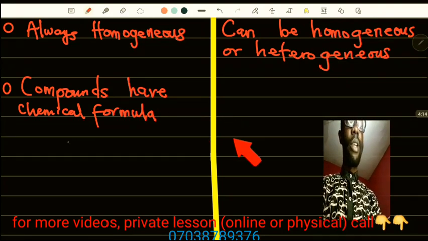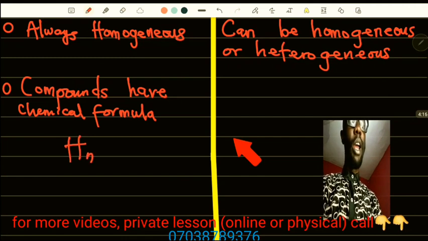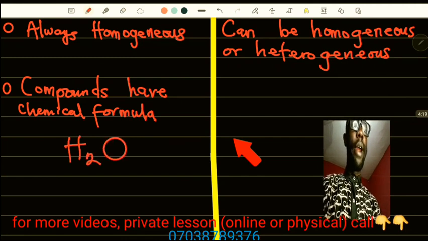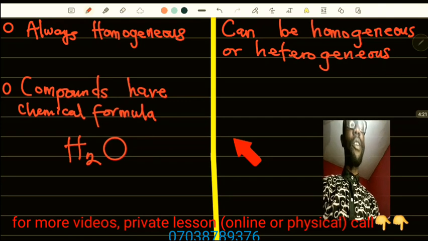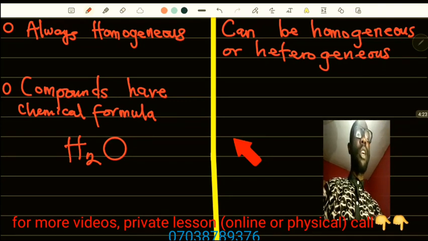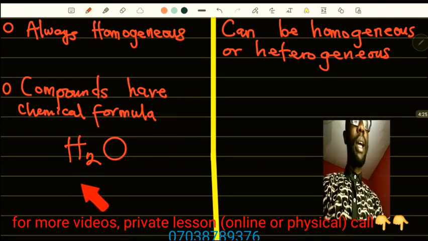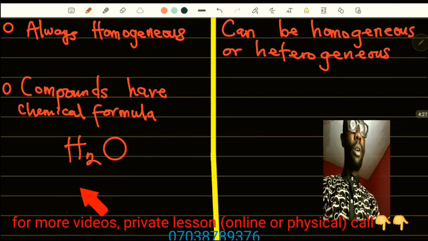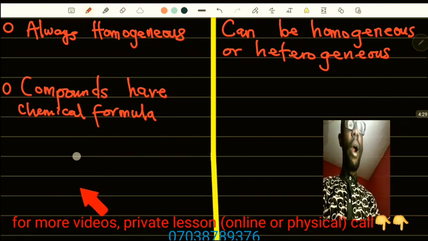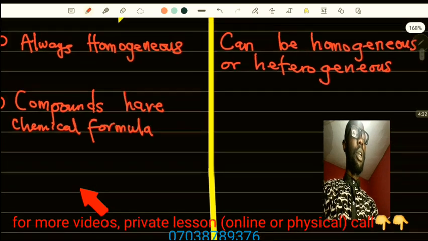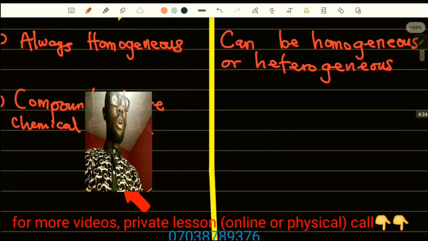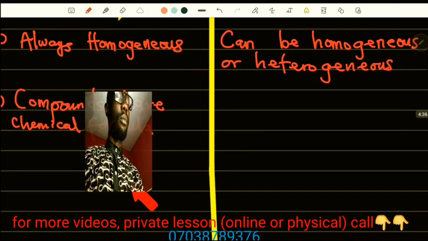Water, for instance, has the formula H2O. Any substance that you can represent with a chemical formula is a compound. But as for mixtures, they don't have a chemical formula because they don't have a fixed mass ratio.